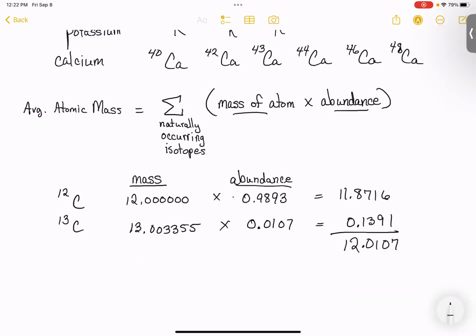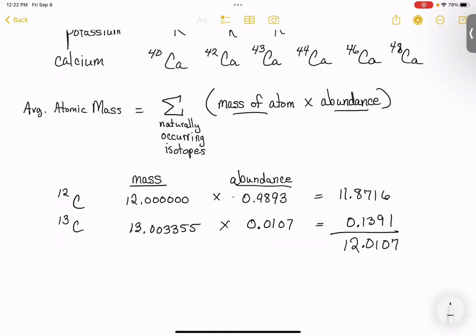What we do is we determine the area under the curve to get our percent abundance, with the two curves having to equal a whole.